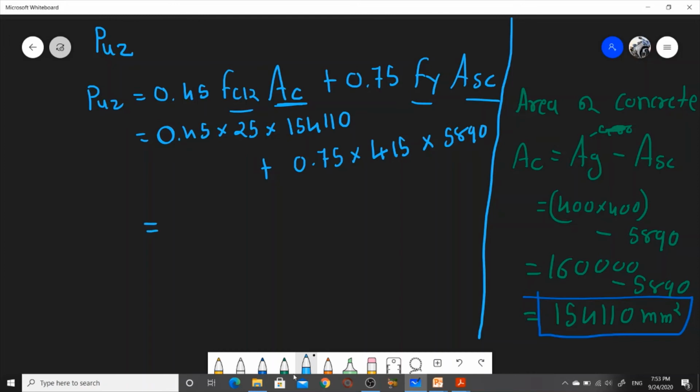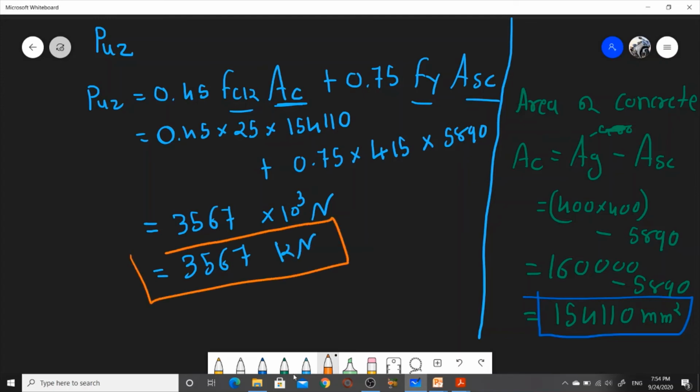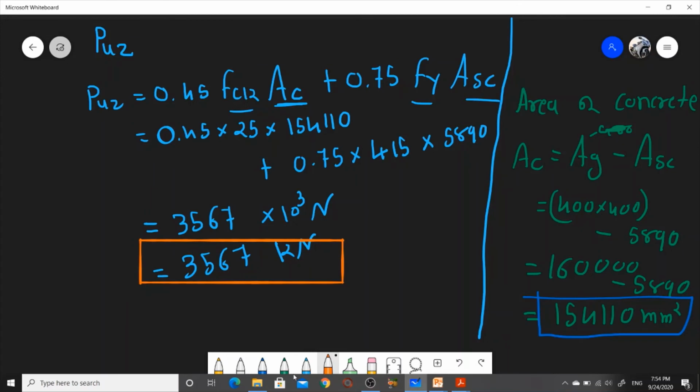So PUZ value is 3567 into 10 raised to 3 Newton. So PUZ is 3567 kilonewton. This is the value of PUZ.